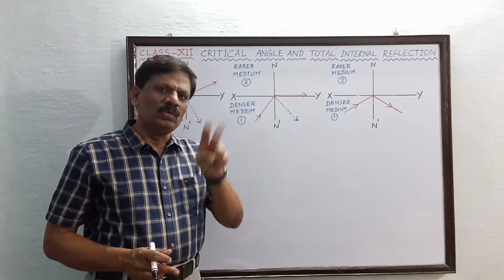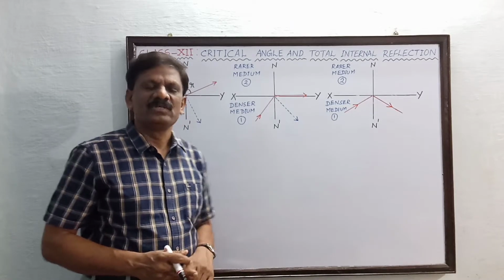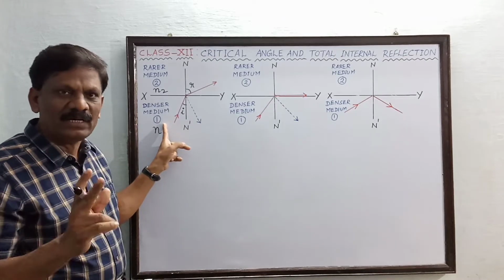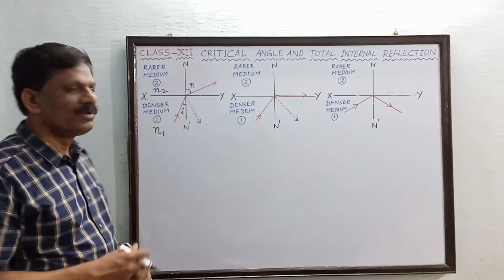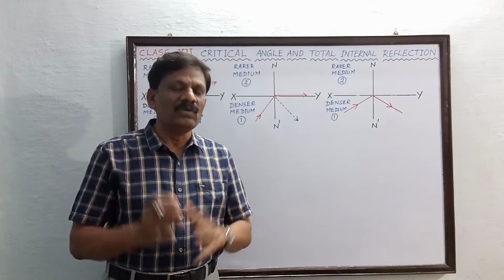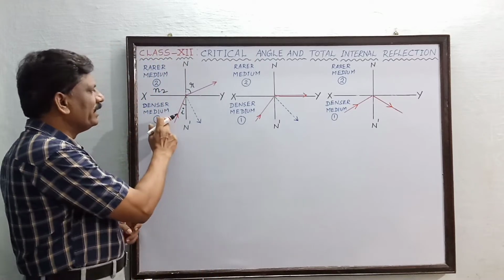If there are two suffixes, it means relative refractive index. So N1 is the absolute refractive index of the denser medium 1 and N2 is the absolute refractive index of the rarer medium 2. Now the incident ray is drawn within the denser medium.